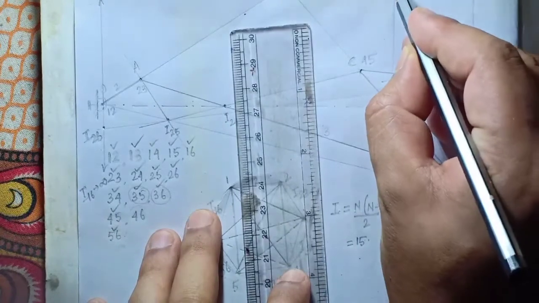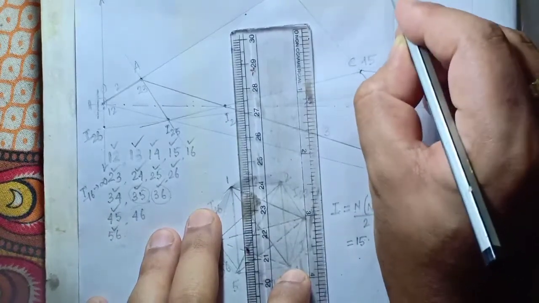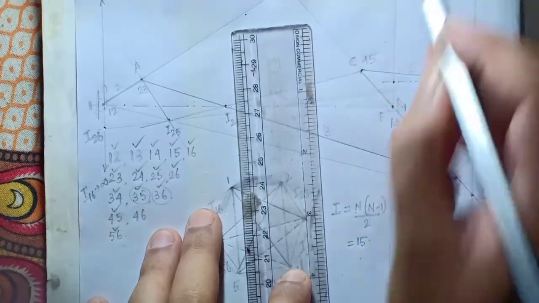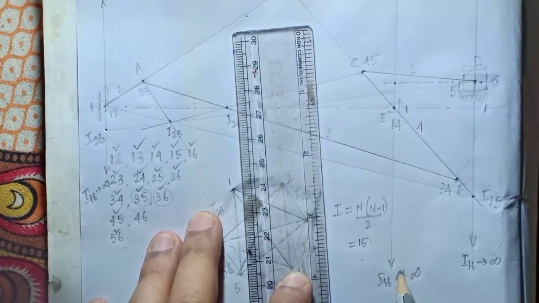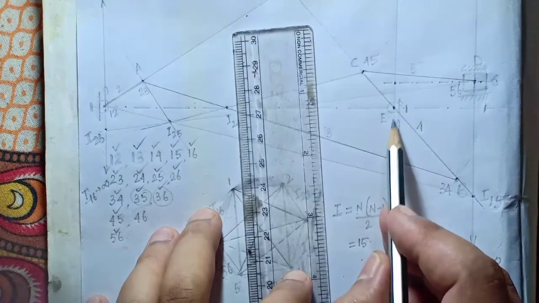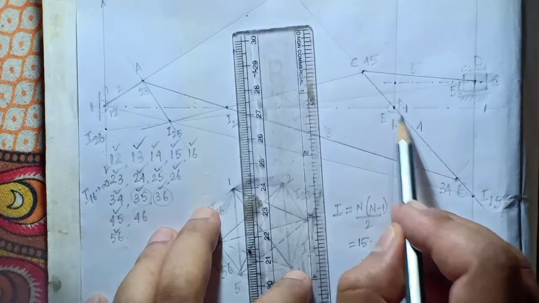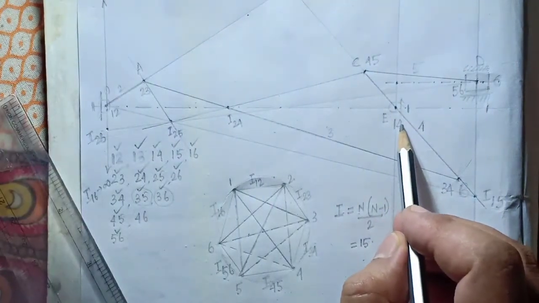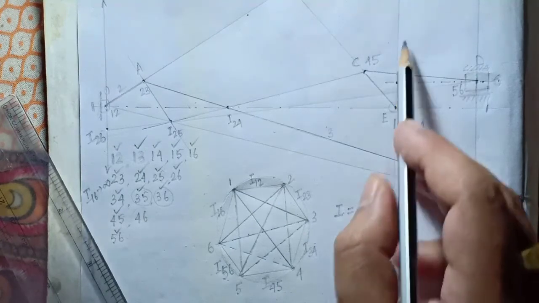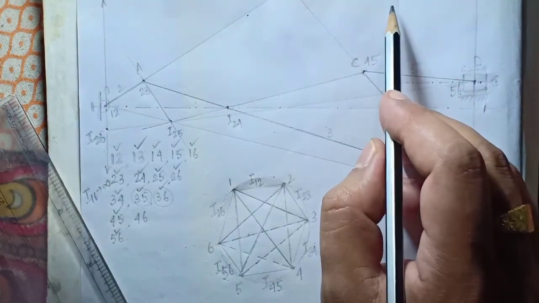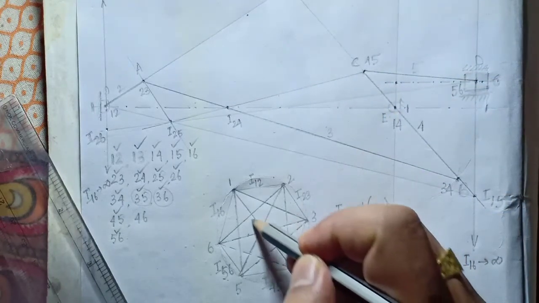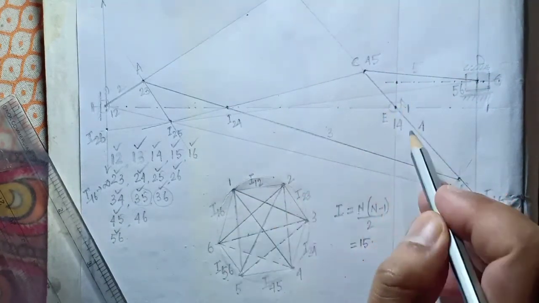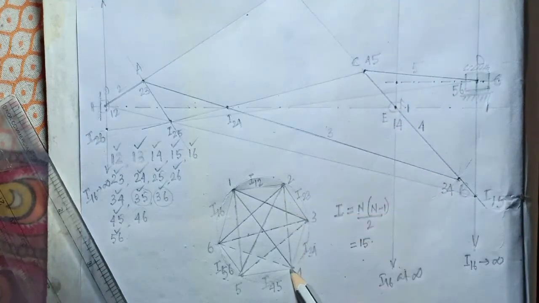So this will be I16 at infinity. And this is I14, and through I14 we are passing the I16 line. The previous clockwise path was I45, I56.